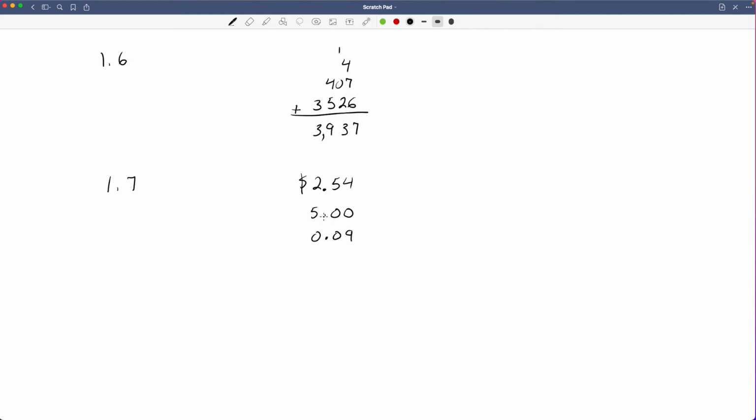Even though this is only 9 cents, we need to put everything into a similar format so that we can understand what we have. If I were to write $2.54, $5 like that, and then 9 cents like that, I could add that together because I'm subconsciously understanding where the decimal point is, but it wouldn't make any sense if I were to write it like this. If I were to say $2.54, $5.09, I couldn't add that together because it's not relative.